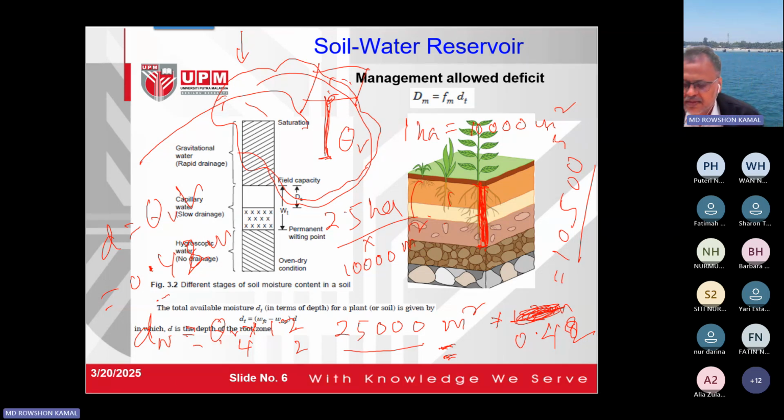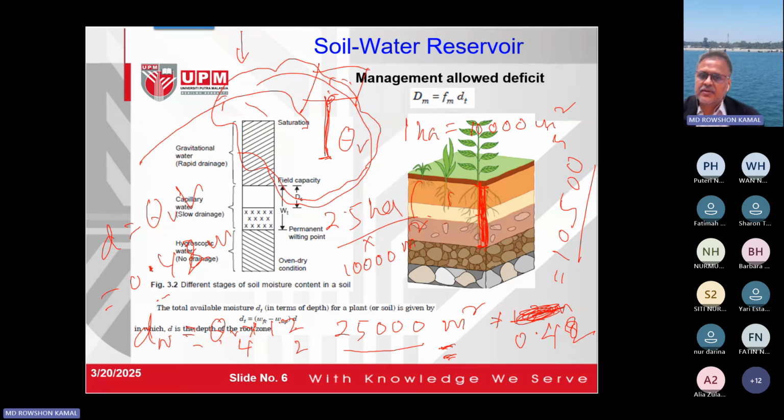If you multiply by this, you can find how much water and how much money you can save. If it is your irrigation field, you need to supply water and start your pump. So once you have rain, you can calculate how much water you can save from one day of raining.